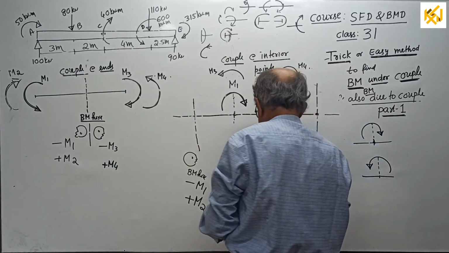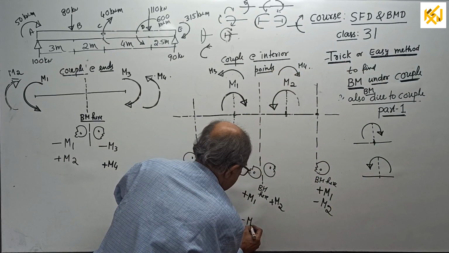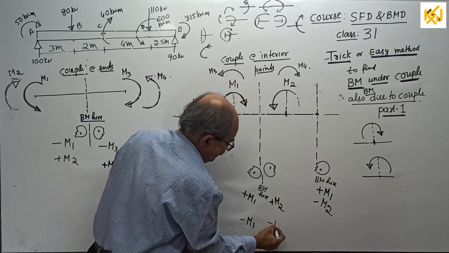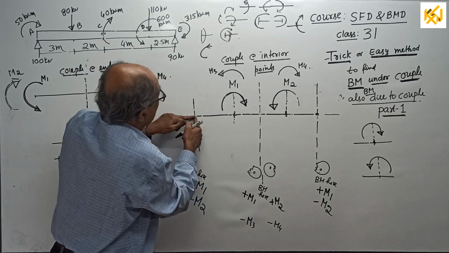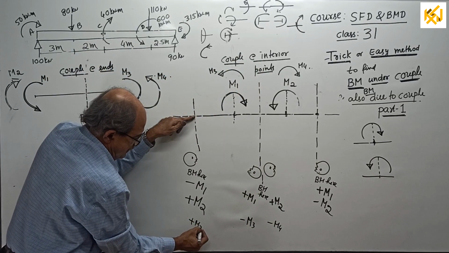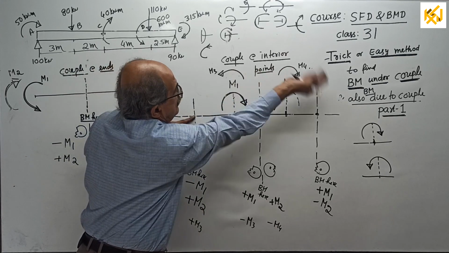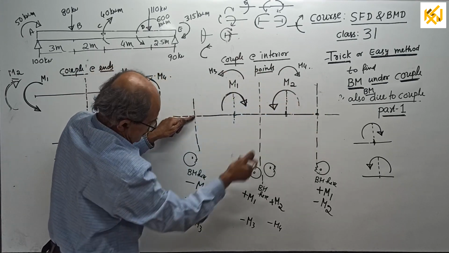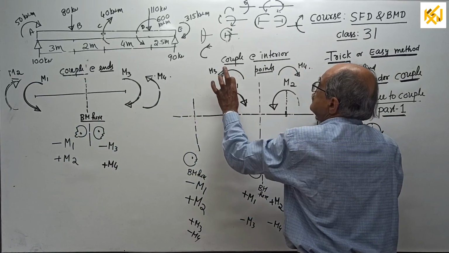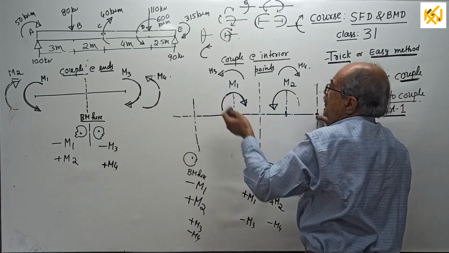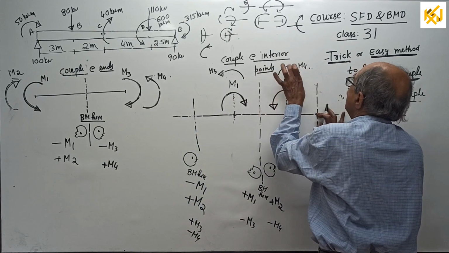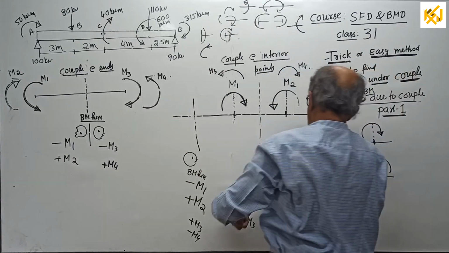It is minus M3, minus M4, and for this section it will be plus M3, whereas for this section it will be minus M4, and for this section it is minus M3 and plus M4.